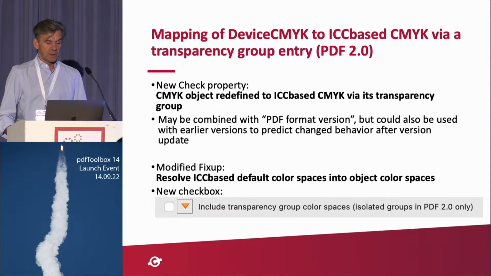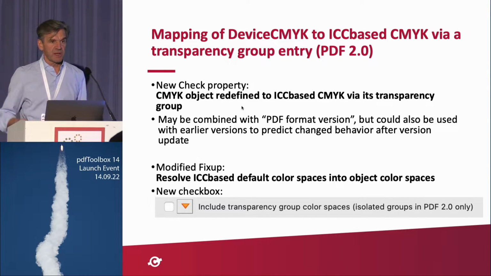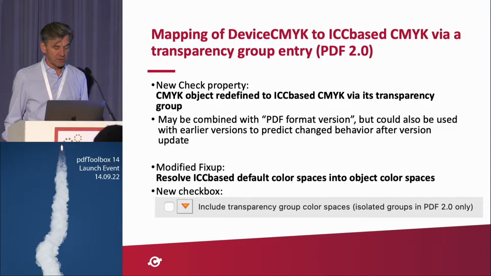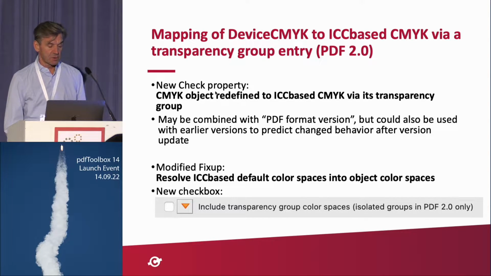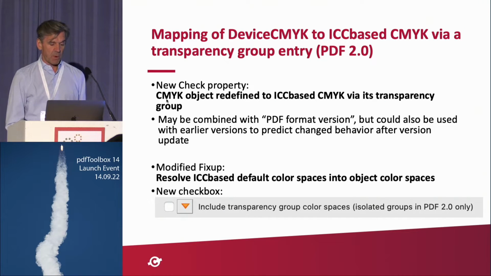And in order to allow you to find out whether there is this potential risk when you convert the PDF file to PDF 2.0, there is a new check now that says CMYK object redefined to ICC-based CMYK via its transparency group.